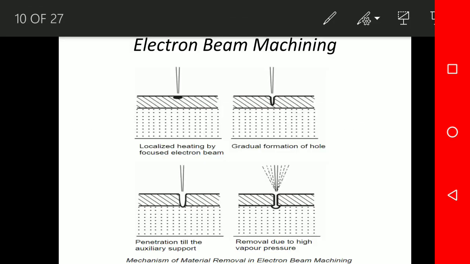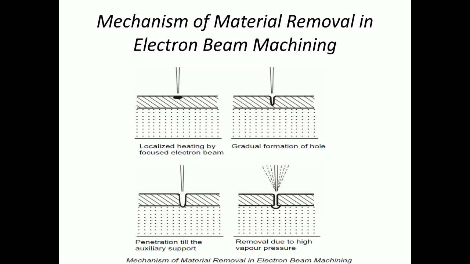You can see in the diagram the gradual formation of the hole. In the third diagram, so this was the first, this was the second, this is the third, you see the penetration till the auxiliary support. The dotted part is the auxiliary support, and before that it is material. So penetration till the auxiliary support is there.